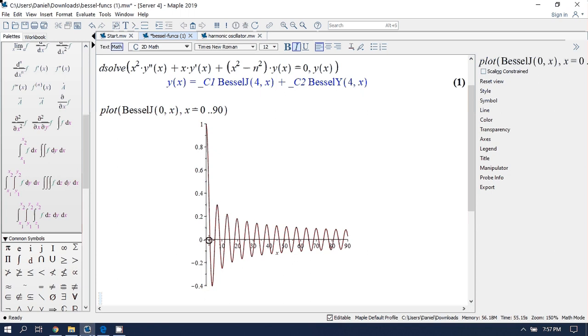Now, these zeros don't have exactly nice values. You could always approximate them with any degree of precision you want, but it suffices for our purposes to know that these zeros exist. So whenever you set a Bessel function of the first kind equal to 0, you're guaranteed to have infinitely many positive roots.